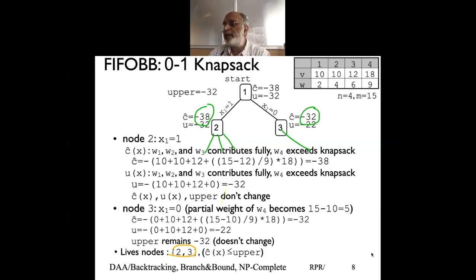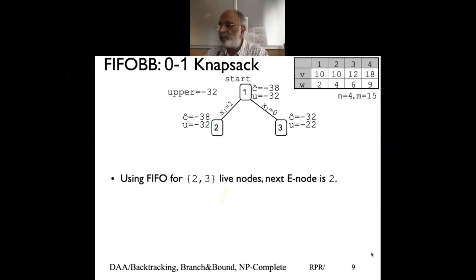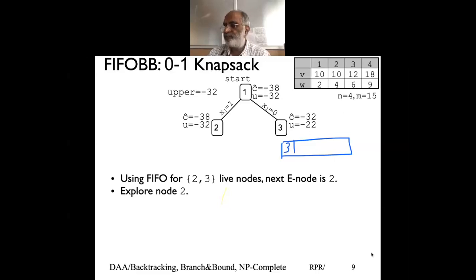So with the least cost approach, we would explore node 2. Even in FIFO, because 2 was added first, we'll explore 2. In both cases, we explore the same thing. So let's explore 2, and that means 3 remains in the queue. So I'm exploring node 2, and my queue contains node 3 now.